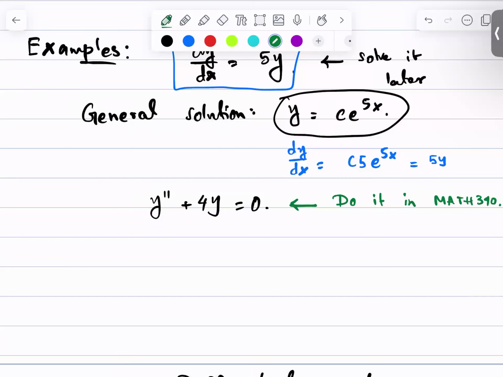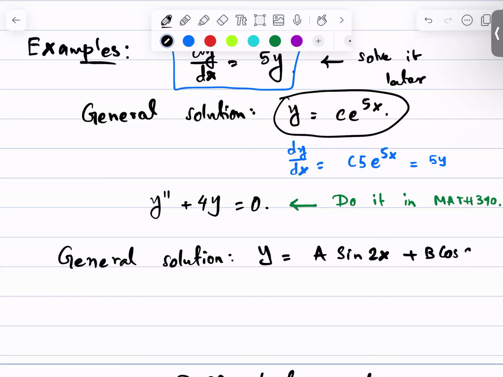This is out of scope right now, but I can just comment that this has a general solution of the form y is a sine 2x plus b cosine 2x.